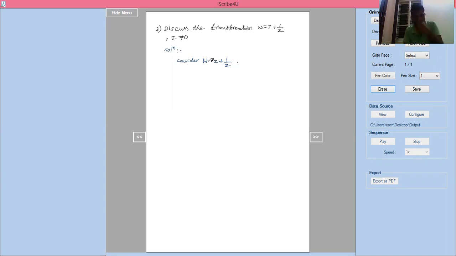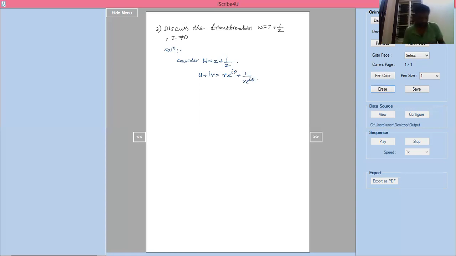This is the W. Now, here we will take W as u plus iv. Z is nothing but r into e power i theta, and 1 by Z is 1 by r into e power minus i theta.